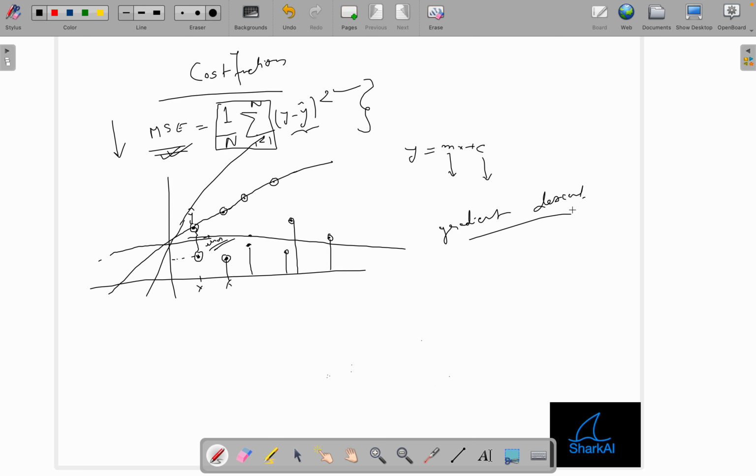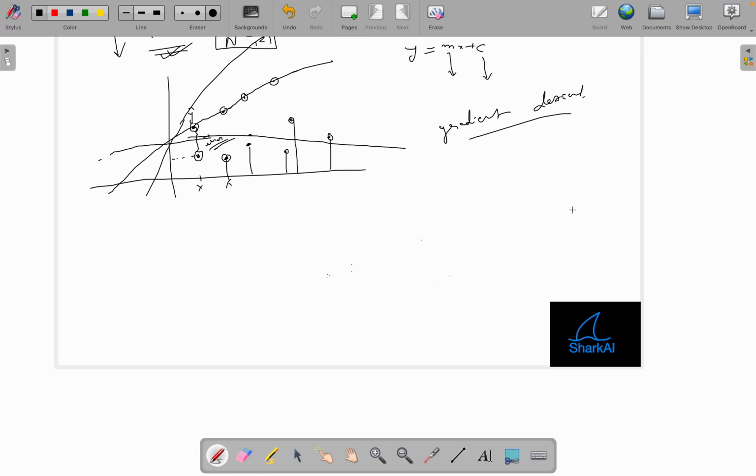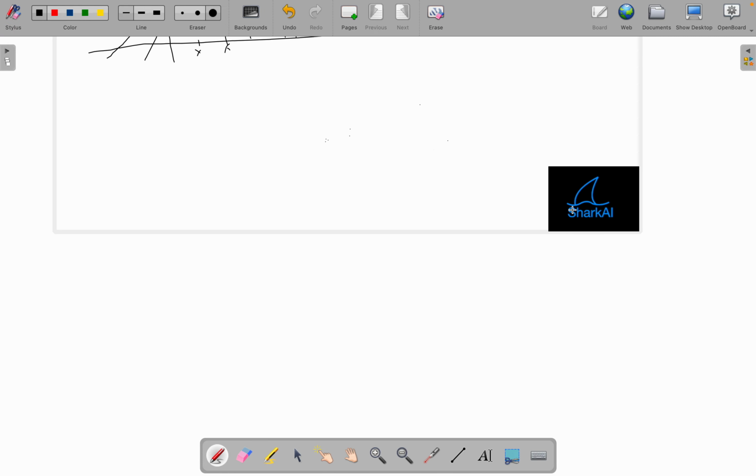Now let's first understand how this MSE helps us. Let's deep dive into the MSE and see how it helps us determine the values of m and c. I will explain with m how this helps us determine the value of m; you can similarly see it for the value of c.